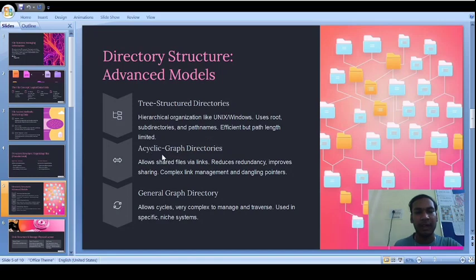Acyclic graph directories allow sharing files through links, which reduces redundancy and improves sharing. General graph directory allows cycles, which is very complex to manage and traverse the data.